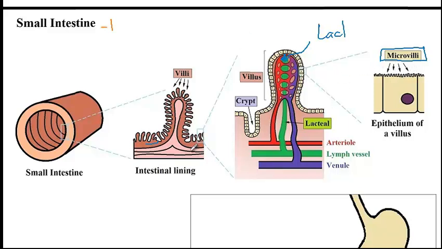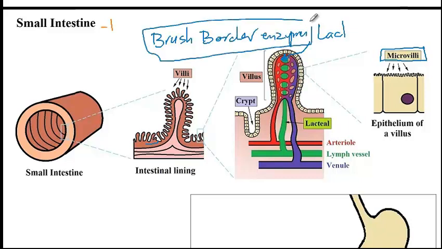Now, the digestive enzymes that you find in the small intestine are actually located on the microvilli that are shown right here. So all the digestive enzymes are bound to the microvilli, and they're called brush border enzymes. So the small intestine enzymes that are bound, all of them, to the microvilli, these are referred to as brush border enzymes.